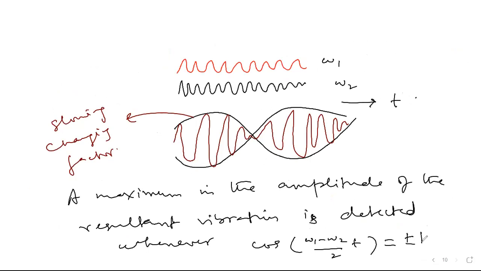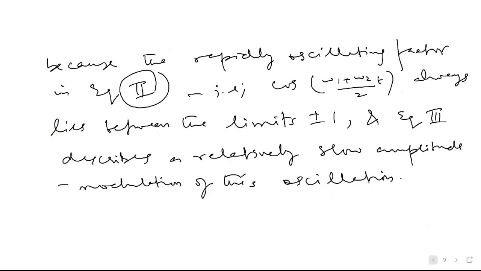I repeat, a maximum in the amplitude of the resultant vibration is detected whenever this cos of (omega 1 minus omega 2) over 2 t is plus minus 1.